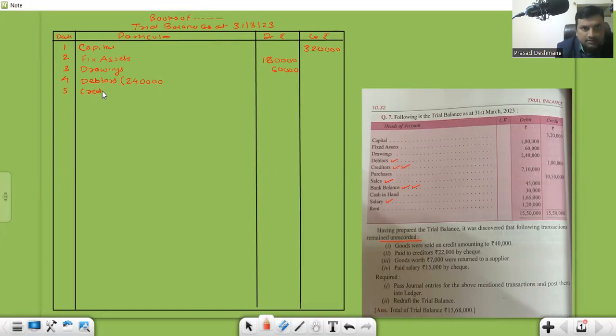Next, creditors. It also has a tick mark. So again, I'll write this inside, 1,80,000. After that, we have purchases. Purchase 10,10,000. Purchase is an expense, that's why debit. Sales. Sales has a tick mark, so I'll write this inside, 10,50,000.